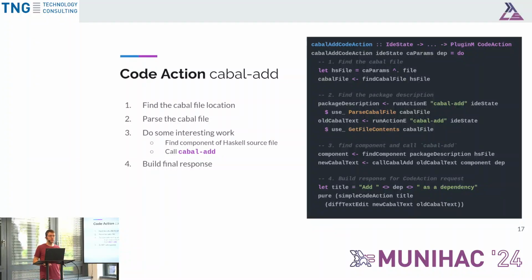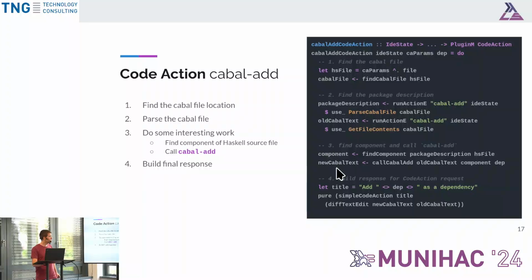Then we need to prepare some information about that cabal file. For now we will skip a little bit over that. What we intuitively need to do is find the package description of that cabal file. So we need to parse it, and make sure that it is a well-formed cabal file, and that we can figure out what components are part of that cabal file and what module belongs to what component. Because we need that in the third step.